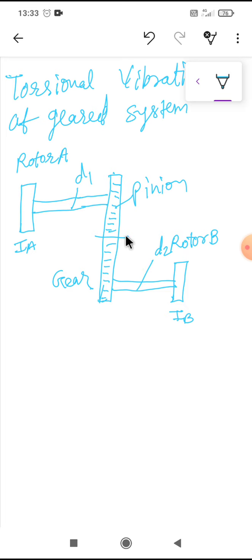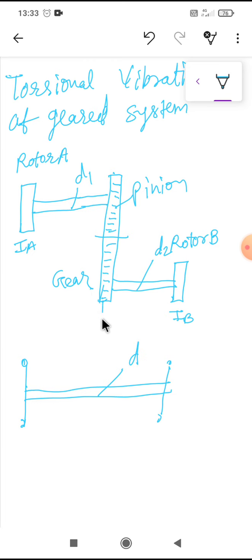Now what is our goal? Our goal is to convert this system into an equivalent system. This equivalent system has diameter d, and suppose this is length L1 and this is length L2.